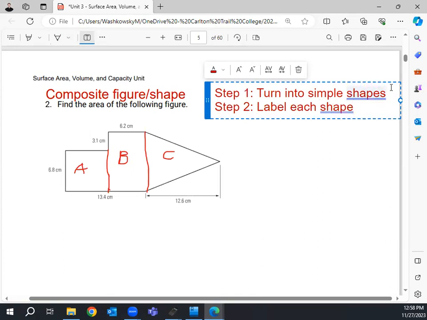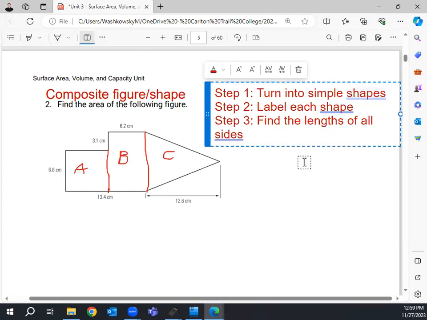I've done that already too. So I've already done most of the work. The third step is we need to find the lengths of all, we'll say sides, sure. And I'll explain what that means in a second.